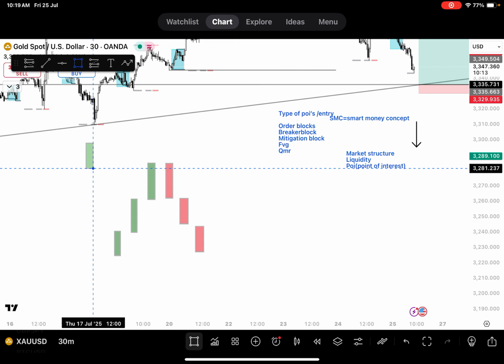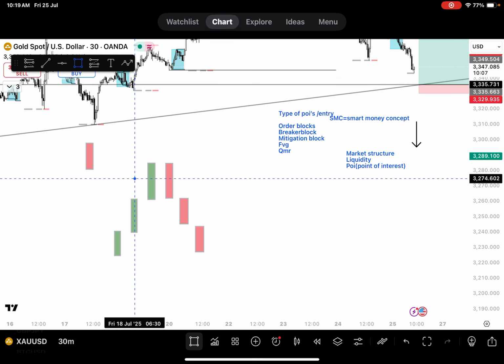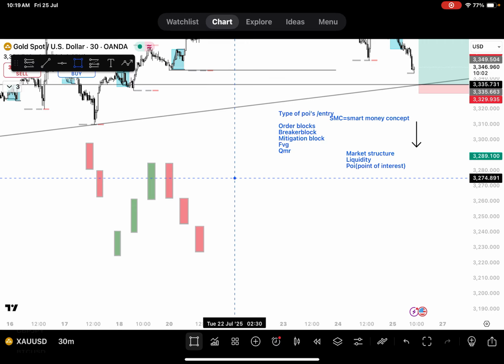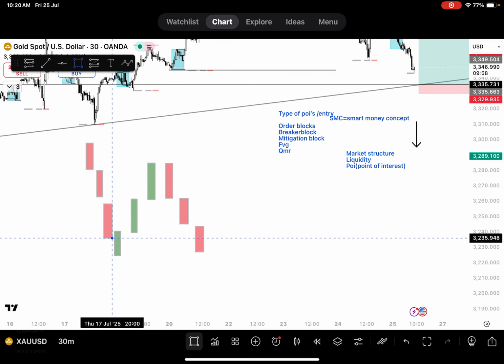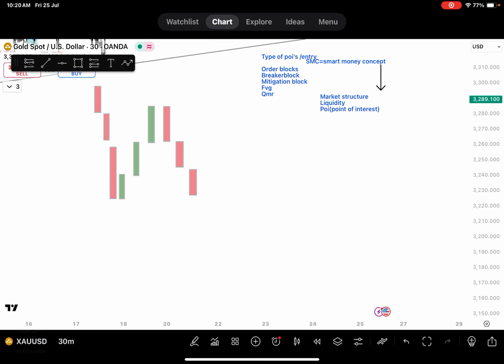The red candles. Let me change it to red. That's a red candle. A red candle again. Maybe another red candle here.